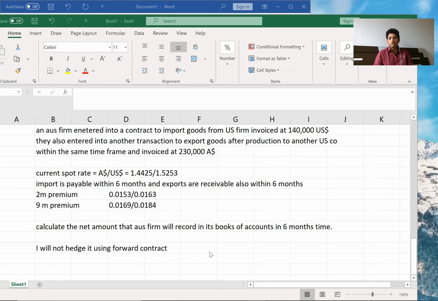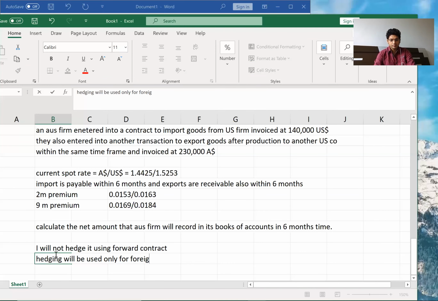I will not hedge anything which is in home currency. So hedging will be used only for foreign currency.